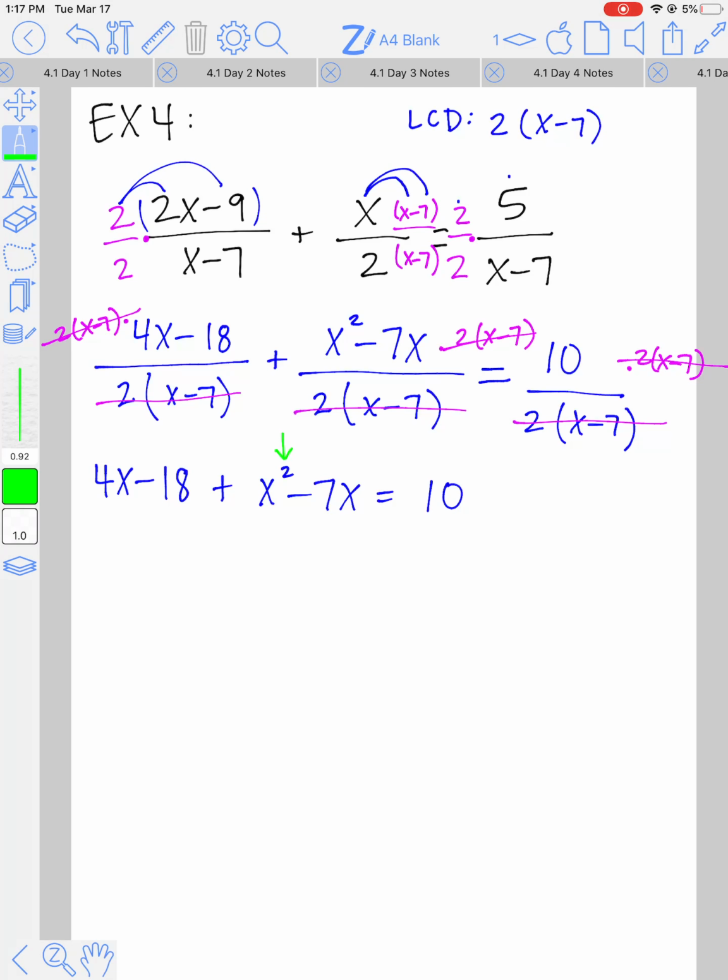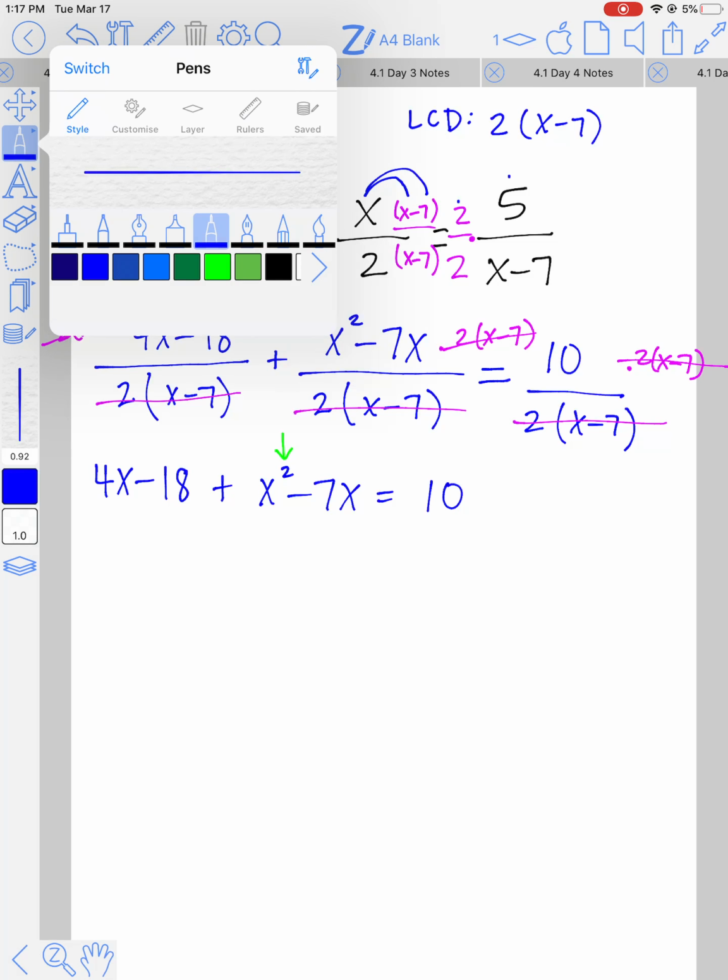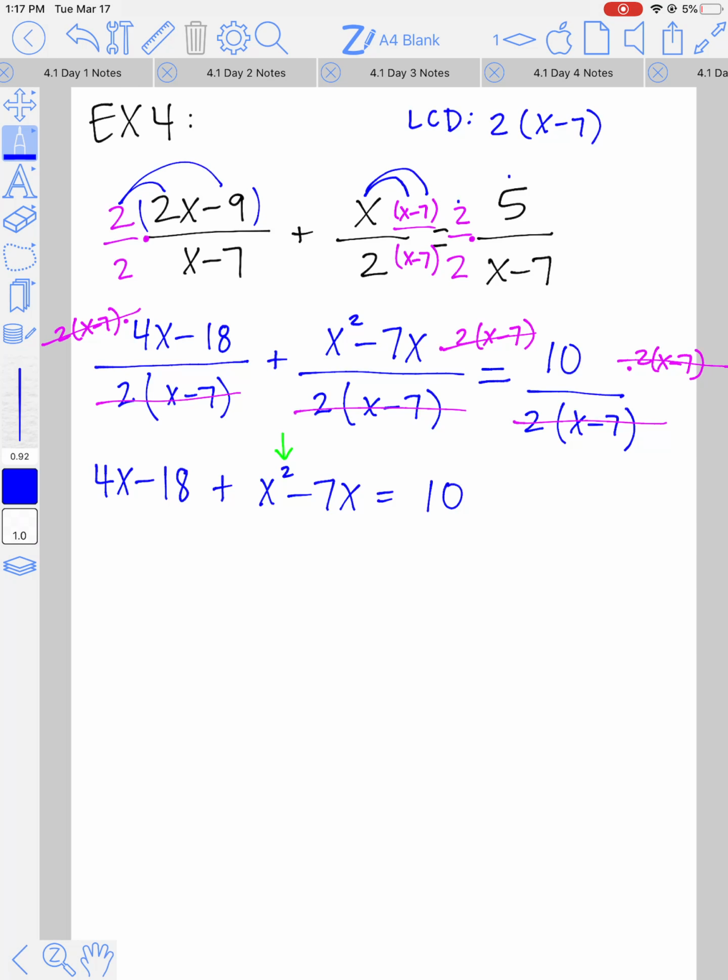And again, because of this x squared, we will end up having a quadratic. Again, I want to get everything on one side of the equal sign and have 0 on the other. So I'm going to first combine the like terms on the left side and put it into standard form. So we have x squared first, and then 4x minus 7x will give me negative 3x.